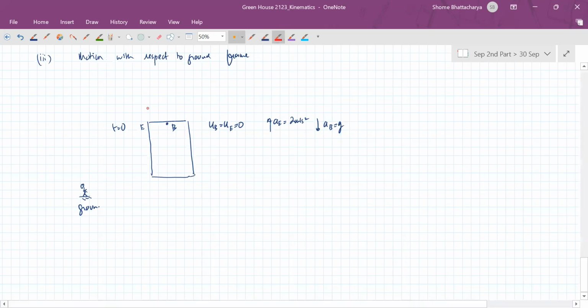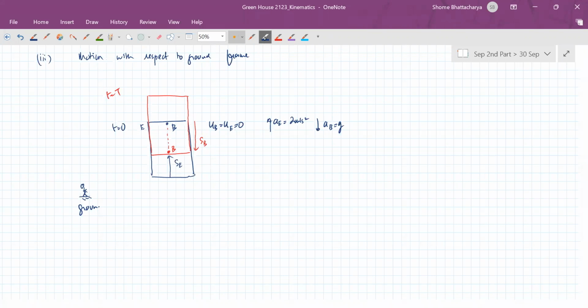So after some time, let's say the elevator has reached here, and by then the bolt has reached here. So this is the displacement of the bolt in the ground frame, and this is the displacement of the elevator in the ground frame, and their sum should be equal to h, 6 meters.